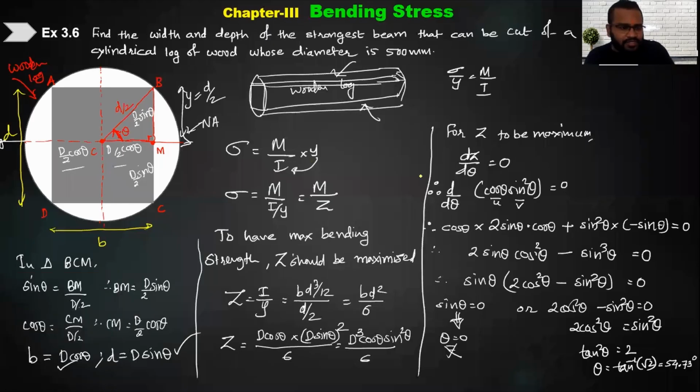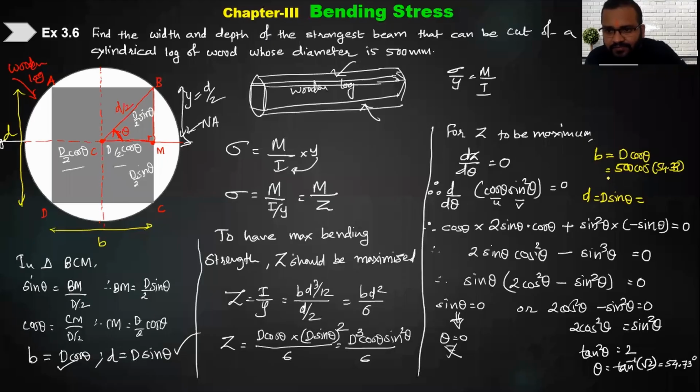b will be capital D cos theta. What is capital D? 500 mm, so 500 into cos of 54.73. And d is equal to capital D sin theta.